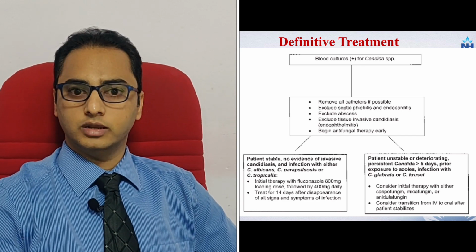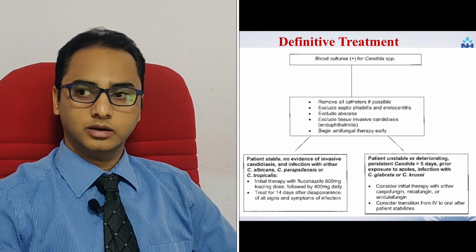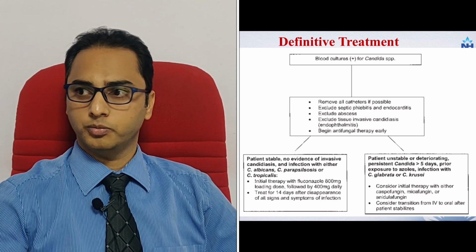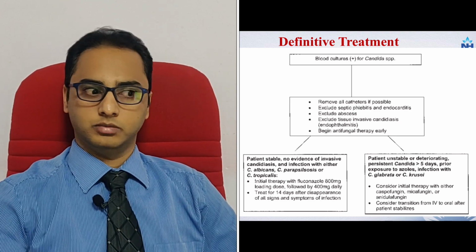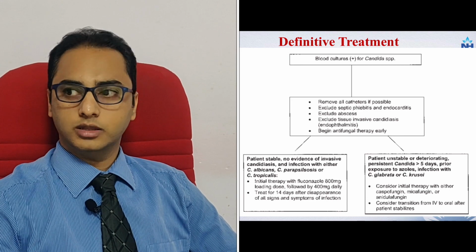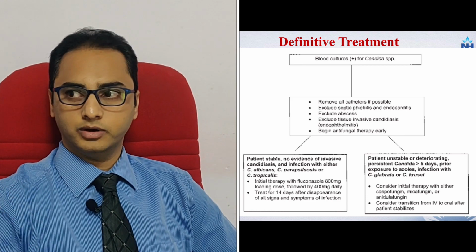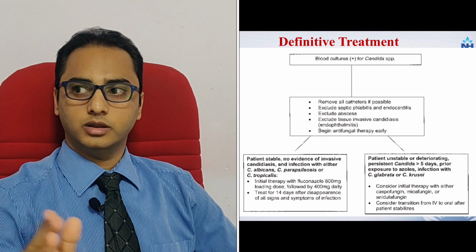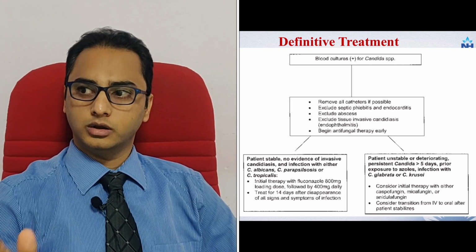So exclude any hidden fungal abscess, and exclude invasive candidiasis. In particular, do a fundoscopic examination to look for endophthalmitis. Okay, then you start the antifungal therapy. Remove the lines, do some workup for infective endocarditis, look for any hidden abscesses, and exclude endophthalmitis.